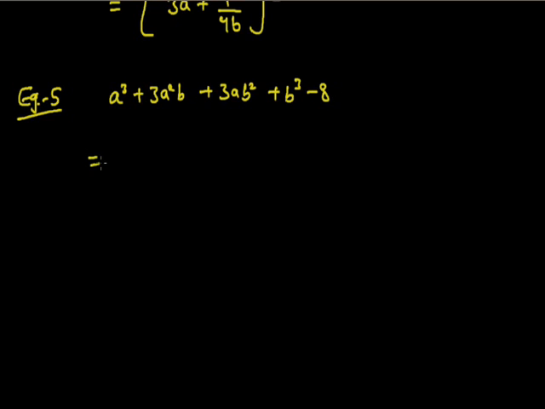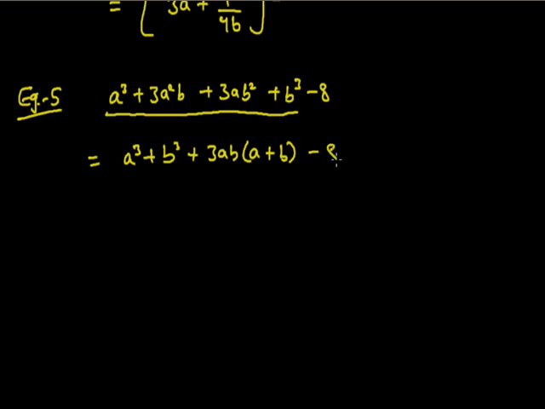Now for doing the factorization of this term, if you properly visualize this question, the first four terms are in the form of a cube plus b cube plus 3ab into a plus b, minus 8. That is actually in the form of a plus b whole cube minus 8, that is 2 cube.